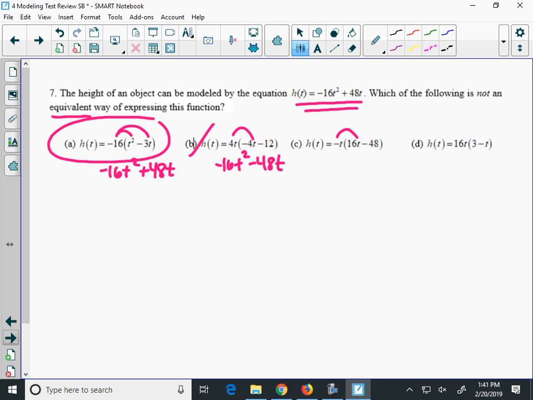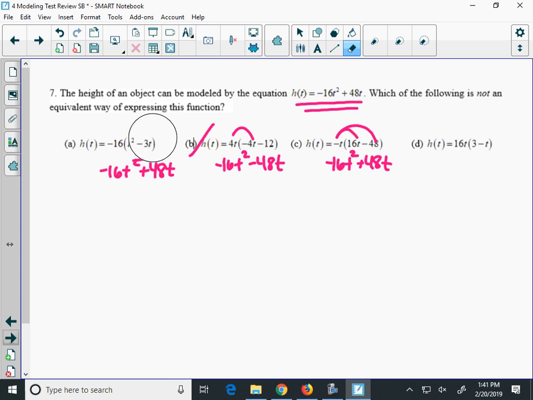Same thing over here. Negative 16t squared plus, positive times positive is plus 48t. Oh, I think I read the question wrong. Which of the following is not an equivalent way? Oh, okay. Sorry about that, everyone. Which is not the same. So since the first one is equivalent, the second one is not equivalent.